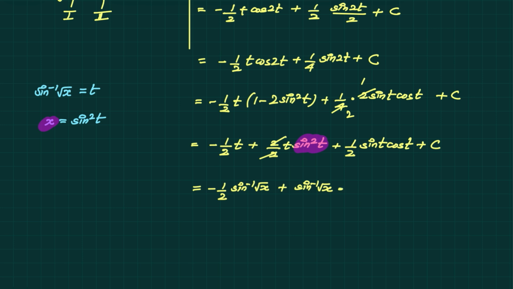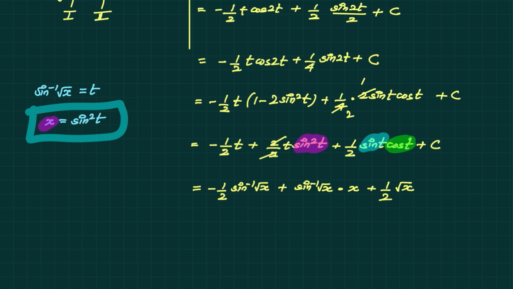So here it will be into x plus 1 by 2. This sine t can be written as square root of x from this equation, so it will be square root of x, and in place of cos t we can replace the value: cos t is equal to square root of 1 minus sine square of t. So this equals square root of 1 minus x. So here we can write square root of 1 minus x plus c.